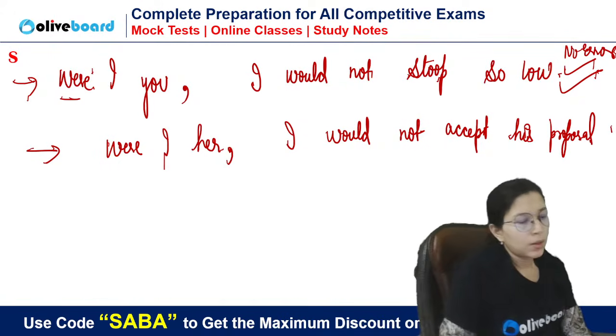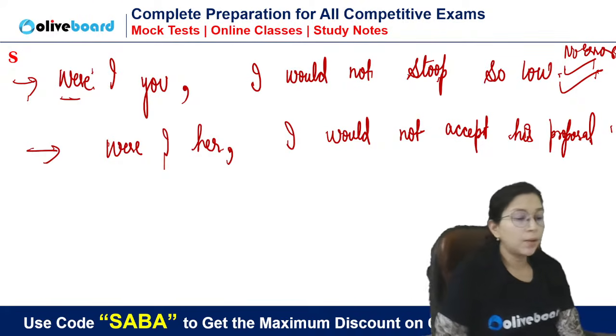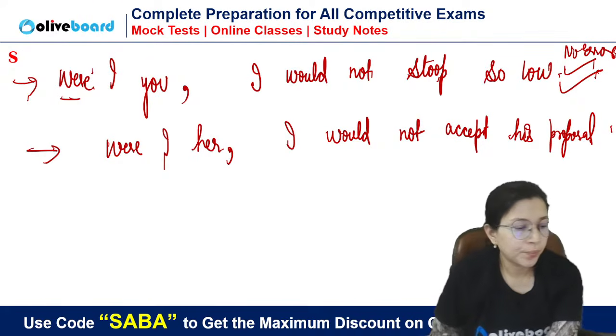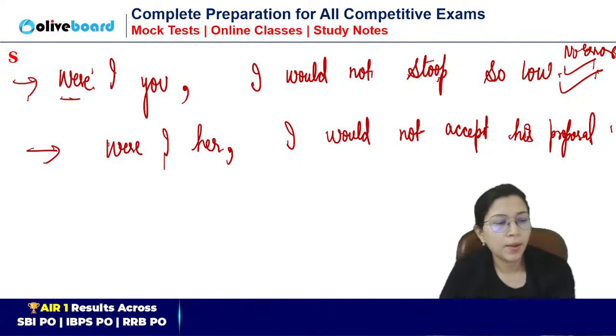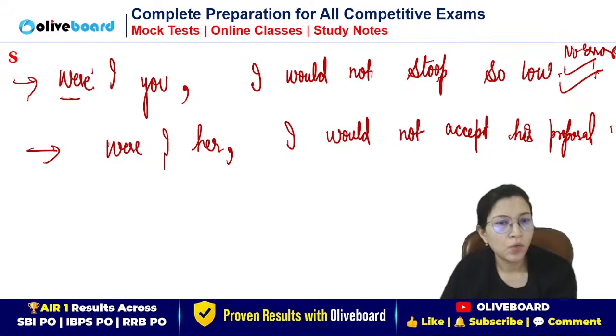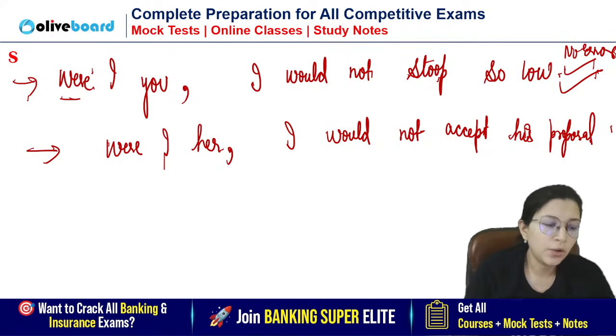The one who finds out the error here will be the, what is the rule, Advik? Were I her, I would not accept his proposal. Very good, guys. Very good job.